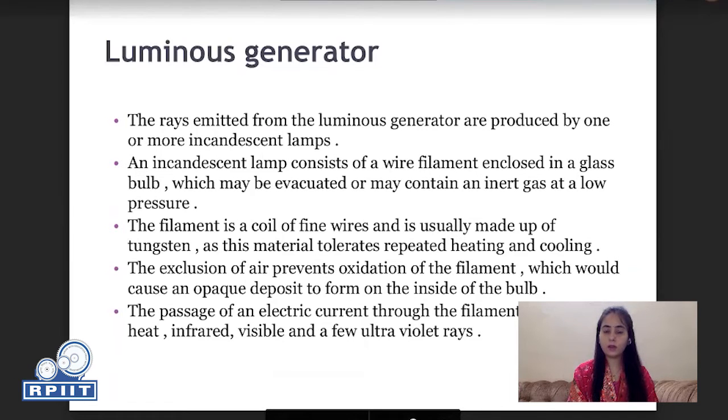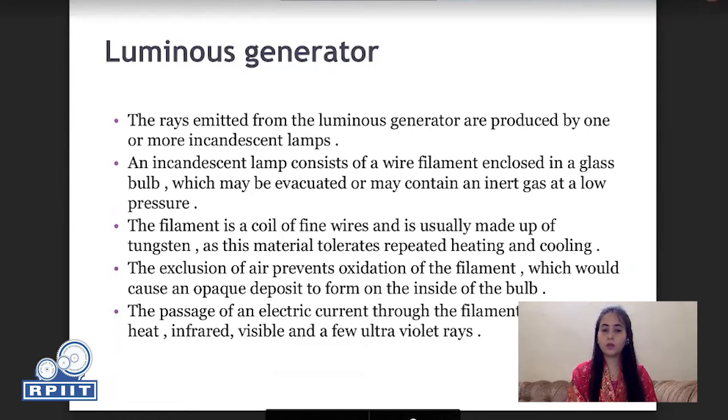An incandescent lamp consists of a wire filament enclosed in a glass bulb, which may be evacuated or may contain an inert gas at a low pressure. The filament is a coil of fine wires and is usually made up of tungsten, as the material tolerates repeated heating and cooling.